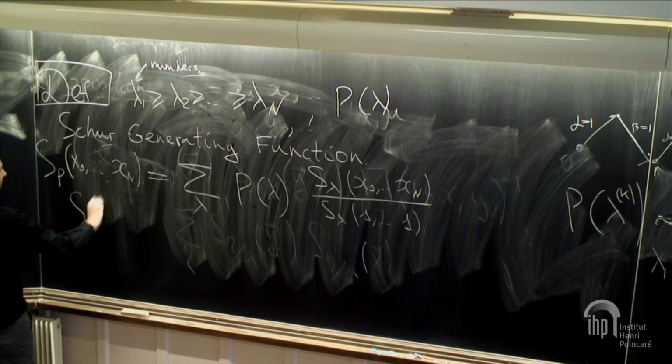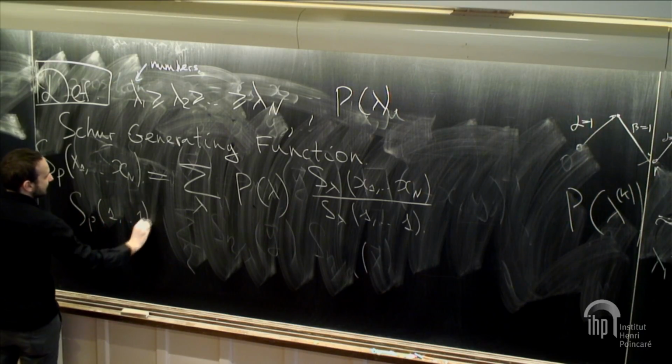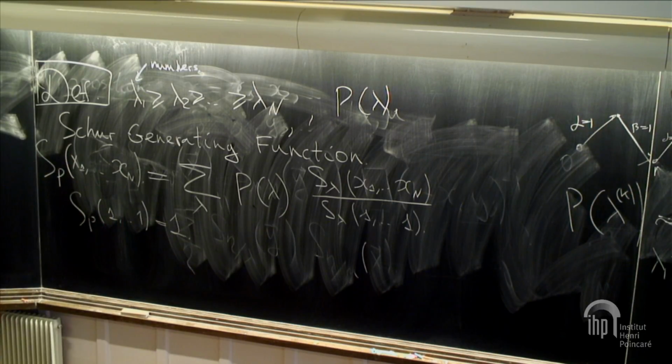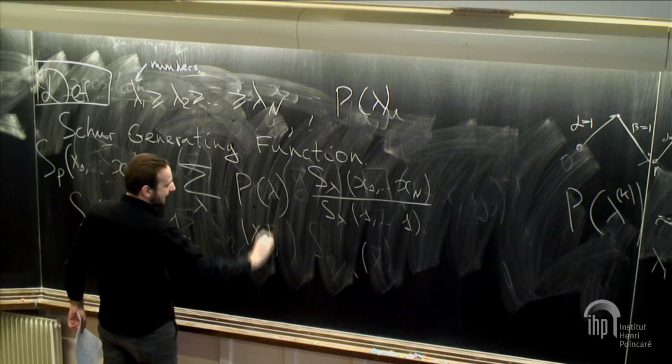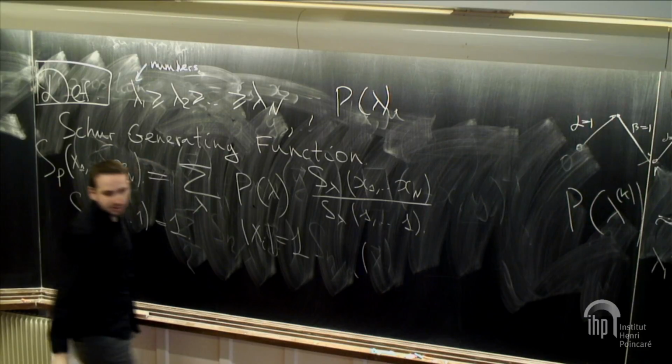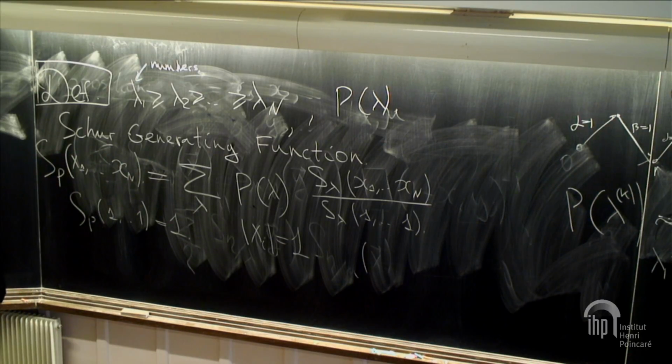So S_p of all 1s is 1. Now, I claim that if you take all the x_i to have absolute value 1, so if you consider the torus in complex space, then this thing is always convergent, no matter what you do with p of lambdas. So any ideas why that's true?